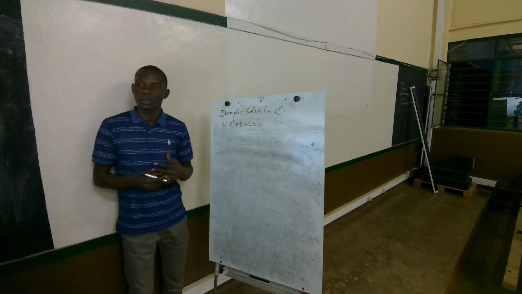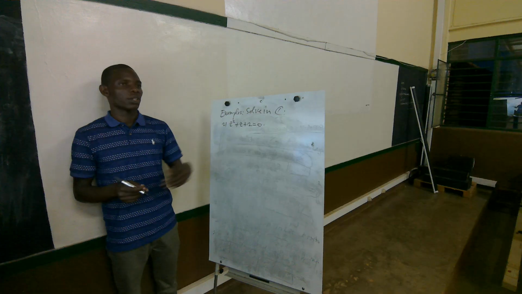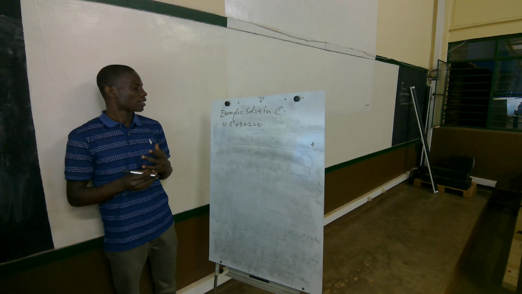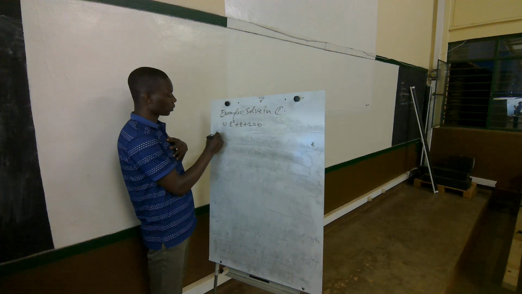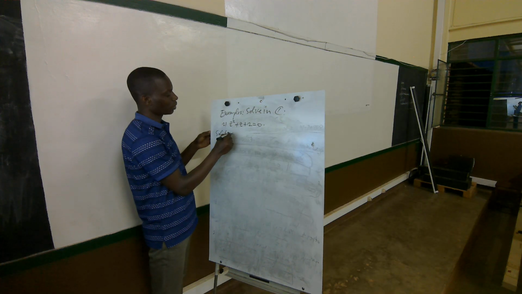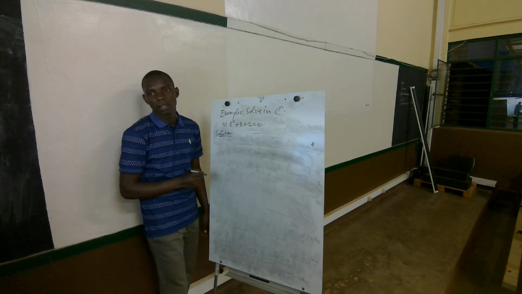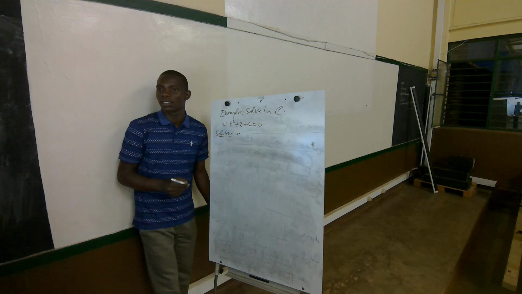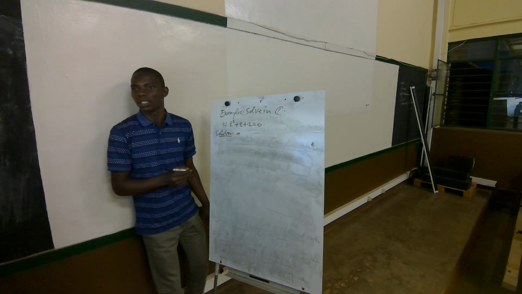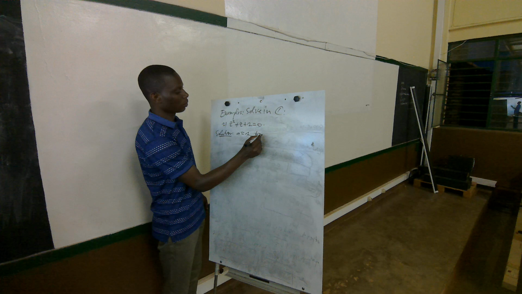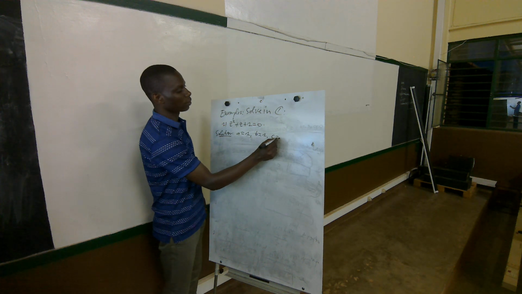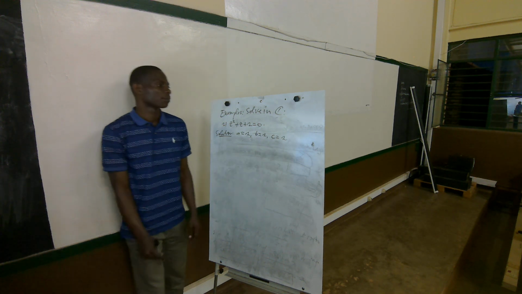First you have to explore those coefficients of our z and the constant c. Now for this case, a is equal to 1, b is equal to 1, and c is equal to 1.